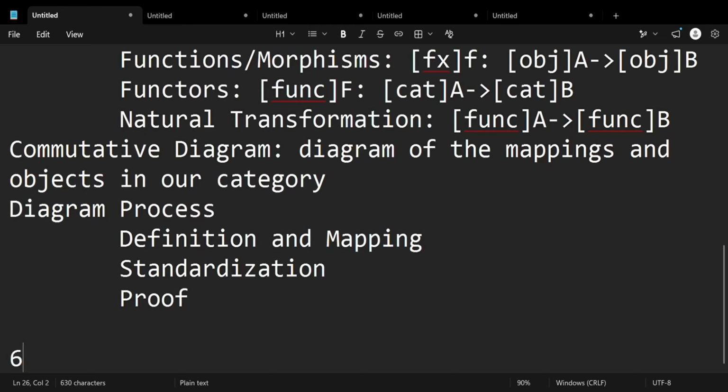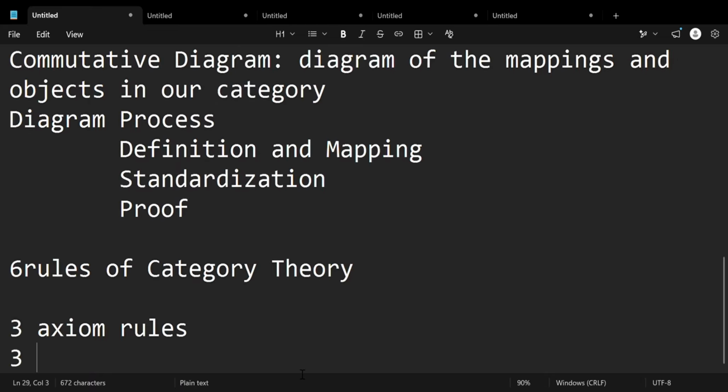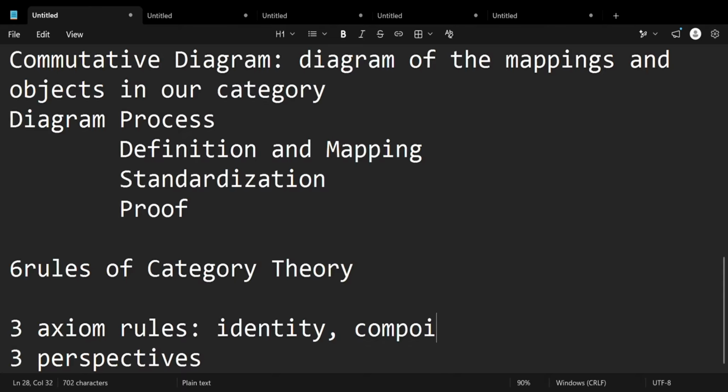which is going to cover the 6 rules of category theory. So there are really 3 axiom rules and more like 3 perspectives, if you want to call it that. So the 3 axiom rules are identity, composition, and association.